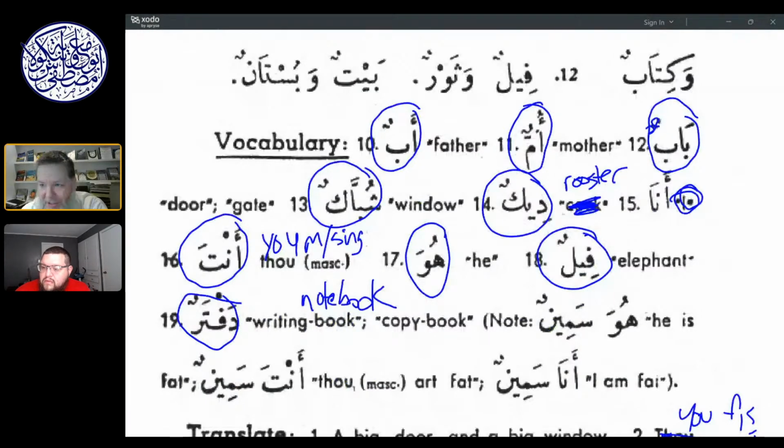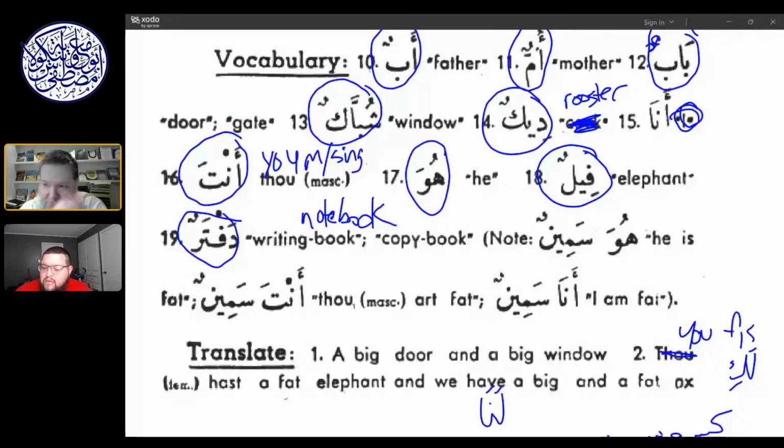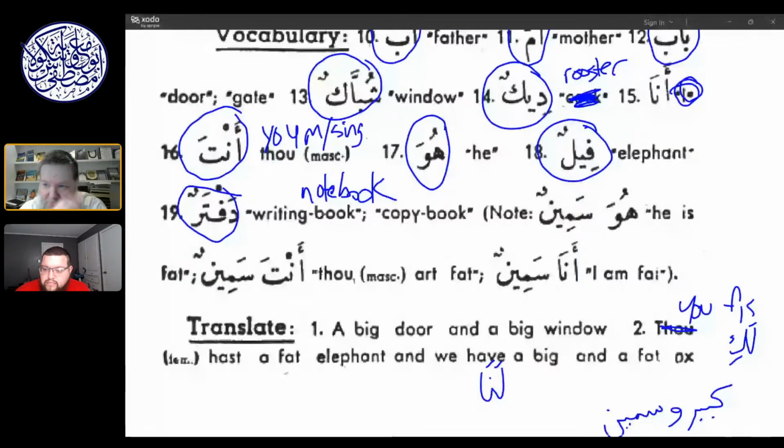Daftar: you should have a daftar on your desk right now as we're doing class. So let's write daftar on the top of it, and every time you pick it up, say daftar. One thing I've seen people do that has been beneficial is to take sticky pads and write these words wherever you see them. Write bab and stick it on different doors in your house, and shubak on different windows. Every time you see it, say it.